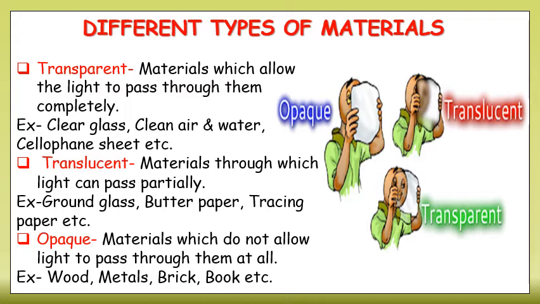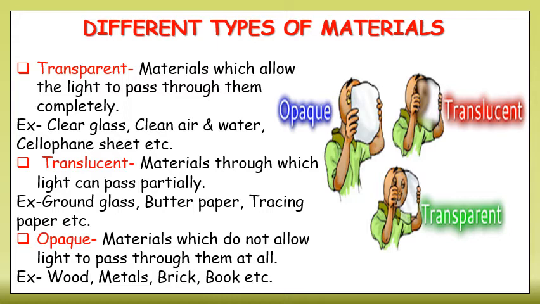Transparent materials are the materials that allow light to pass through them, due to which we see things clearly through them. For example, clear glass, clean air, clean water, cellophane sheet. These are a few examples of transparent materials.